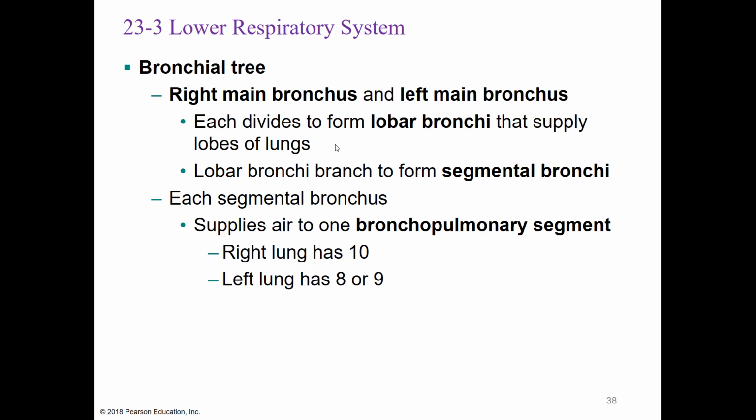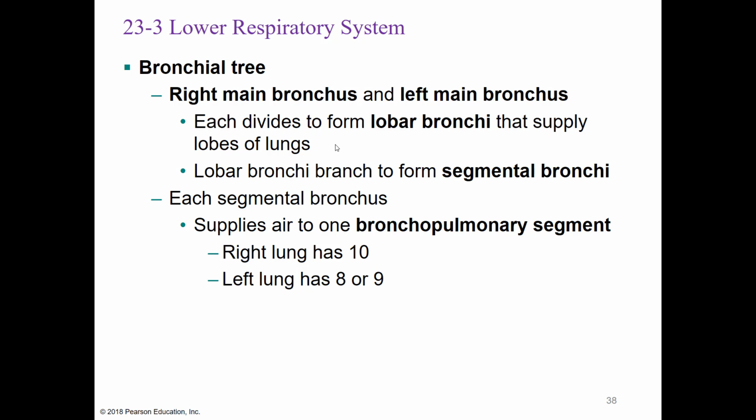So once the trachea branches into bronchi, we call that the bronchial tree. The right main bronchus and left main bronchus will further divide to form lobar bronchi that supply the lobes of the lung. The lobar bronchi branch to form segmental bronchi, and each segmental bronchus will supply air to one bronchopulmonary segment.